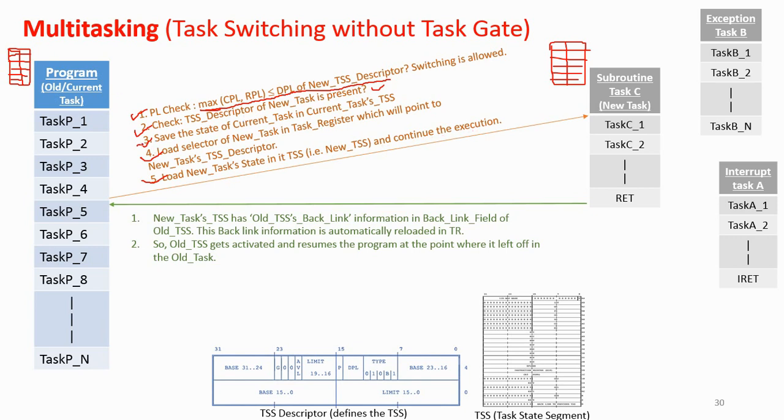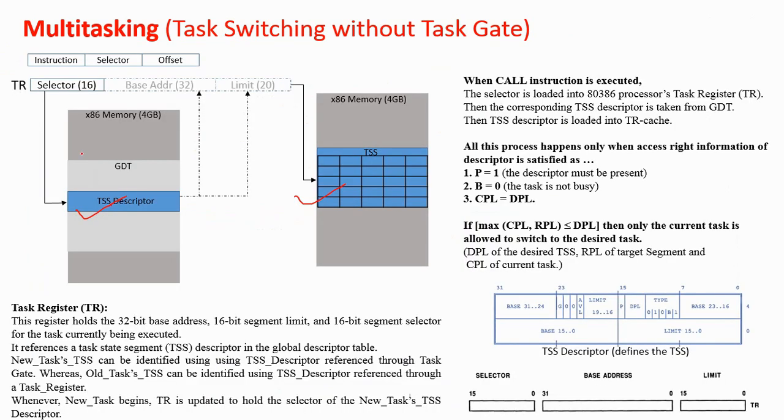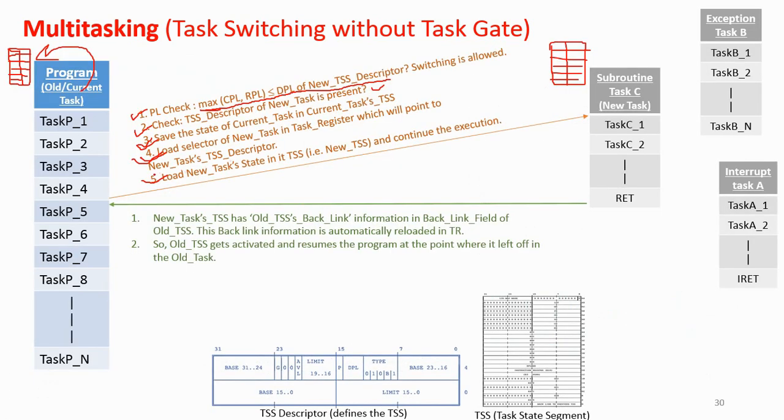So in the third step, the context of the current task will be saved in the TSS, and in the fourth step, the selector of the new task is loaded in the task register which will point to the TSS descriptor, and then this TSS descriptor will select the TSS of the new task, and then the new task state is loaded from the TSS and the execution continues.